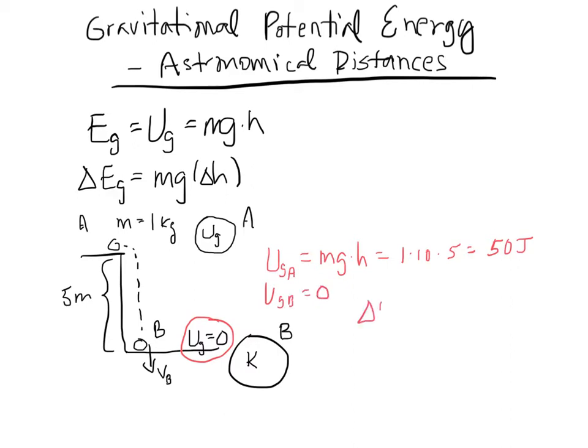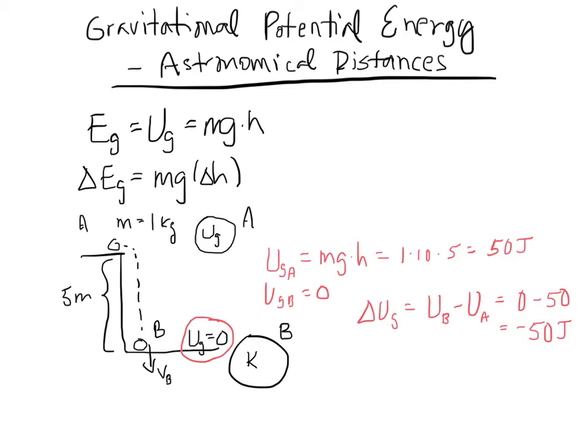So the change in gravitational potential energy is final, which is Ub, minus initial, which is Ua, which is 0 minus 50, which is negative 50 joules. Notice I've lost 50 joules of gravitational potential energy. That's gone into kinetic energy, which has gone from 0 to 50. So that same 50 joules of energy is now in the form of the energy of motion, or kinetic energy.